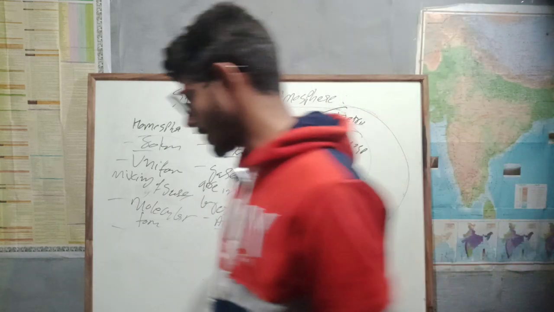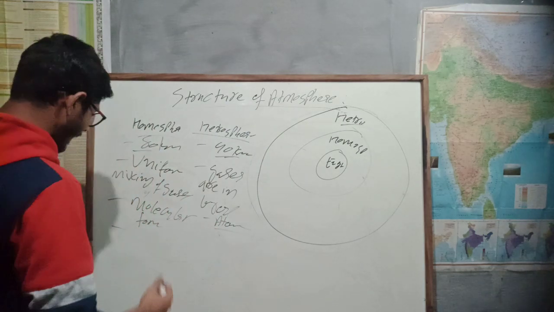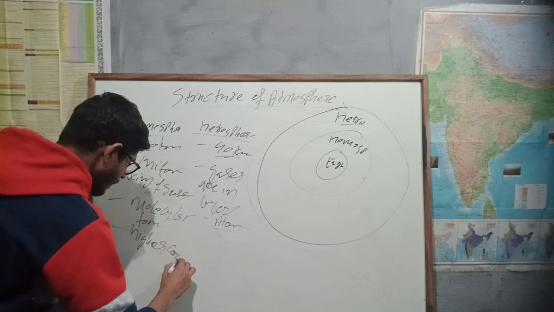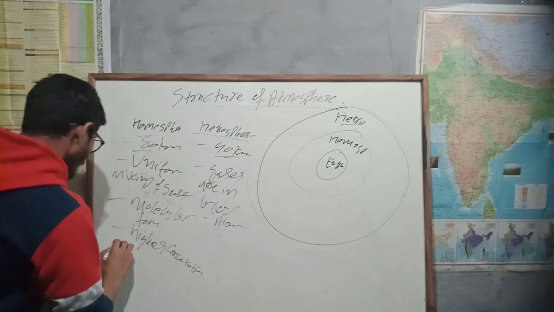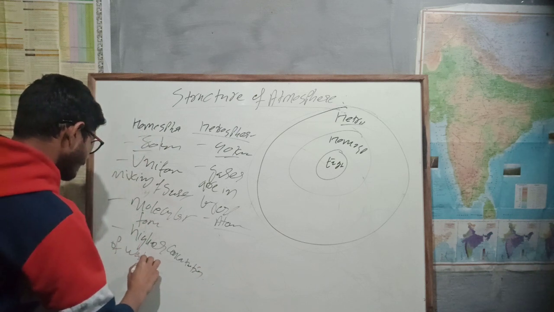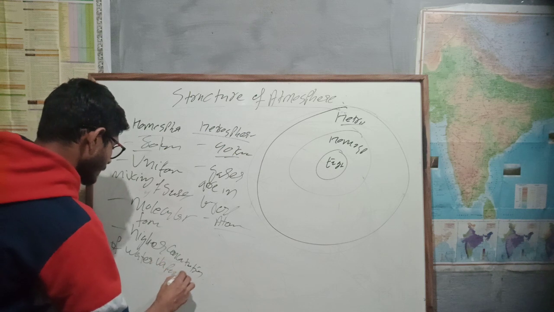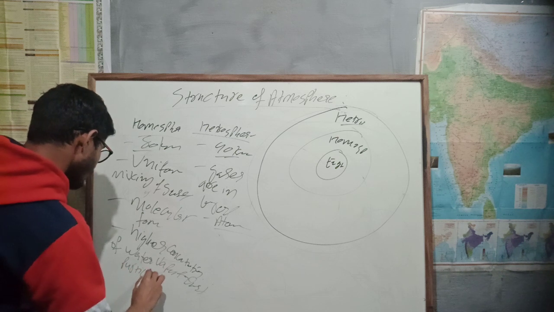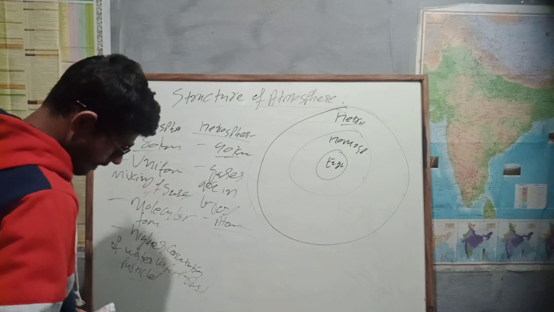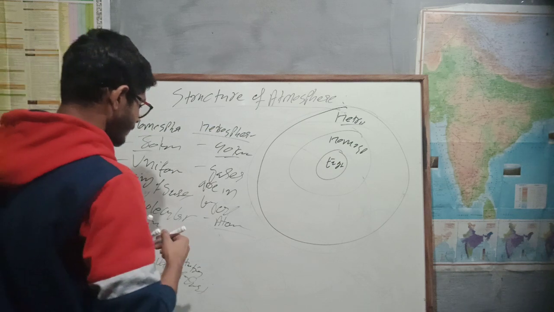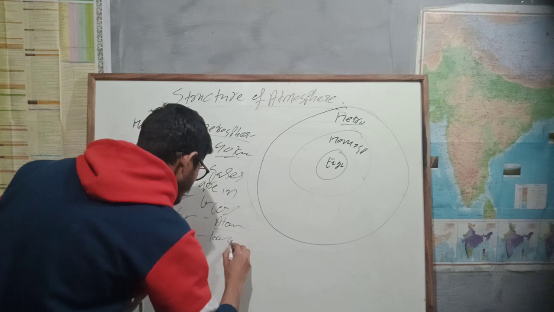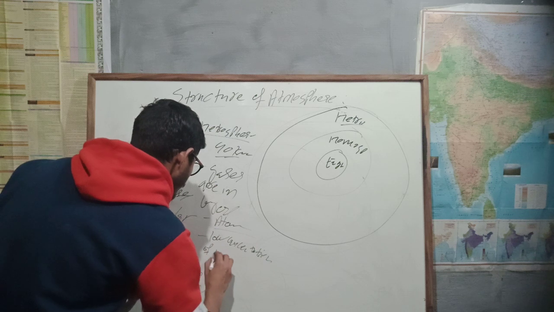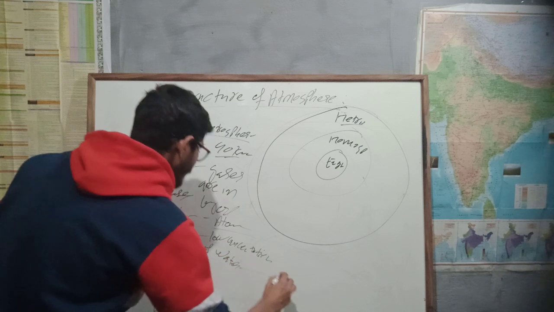So we can write: higher concentration of water vapor and dust particles. But here we have low concentration of water vapor and dust particles.